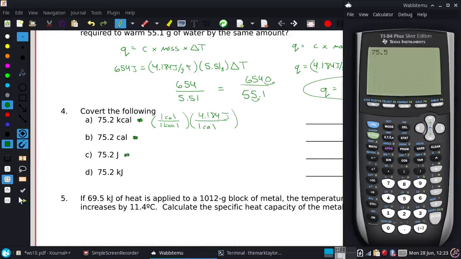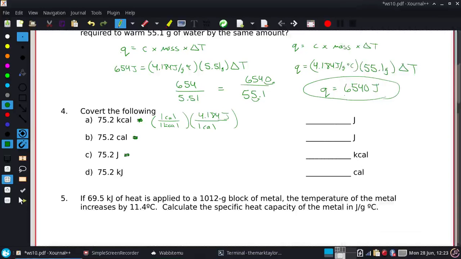How about times, there should be 1,000 there. I'll fix that here in just a second. Times 1,000, and then times 4.184. And we get that this is 316,000. I need to come back over here, because 1 kilocalorie is 1,000 calories.